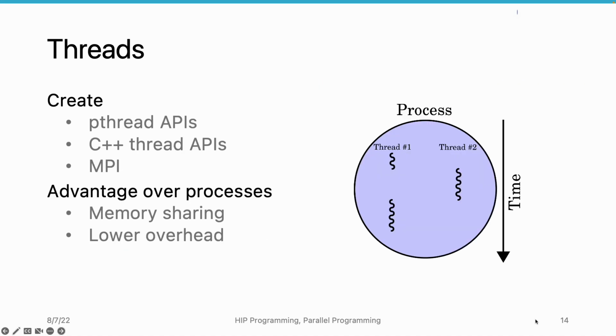Okay, next, let's talk a little bit more about threads. How to create a thread. There are many different ways. First, we have the pthread API. If you are writing a pure C program, you probably want to use the pthread APIs. If you are using C++, C++ has its own thread APIs, which are slightly easier and more user-friendly than the pthread API.